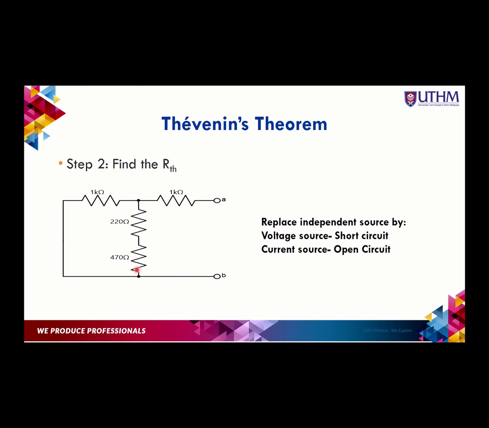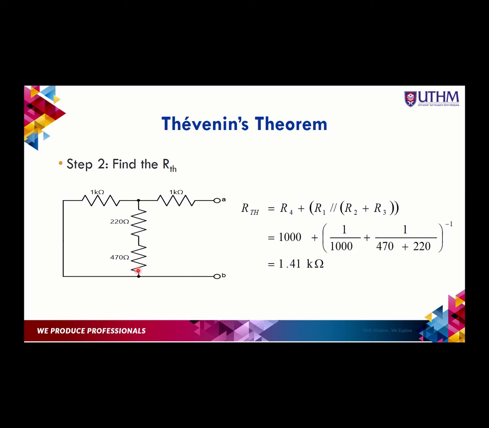There is no current source in this situation, so there will be no open circuits. From here, we can easily calculate R Thevenin between port A and B, which is 1 kilo ohm plus the parallel of 1 kilo ohm, 220 ohms and 470 ohms, and this gives us a total value of 1.41 kilo ohms.